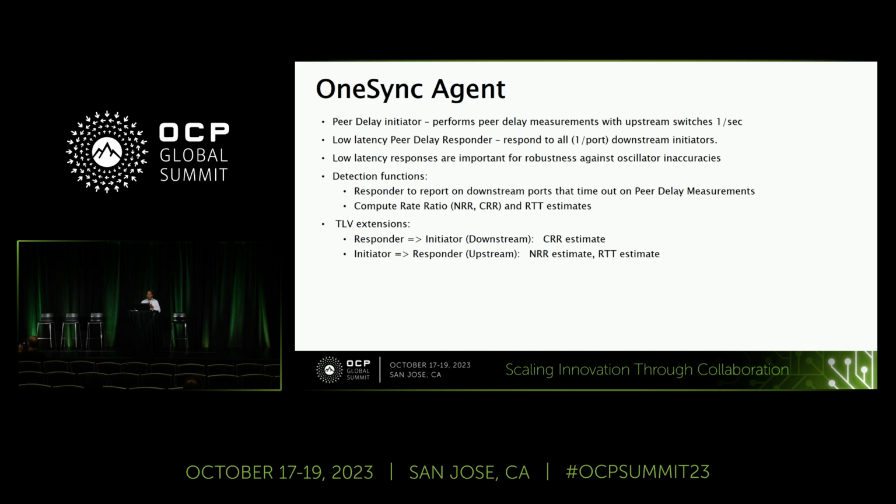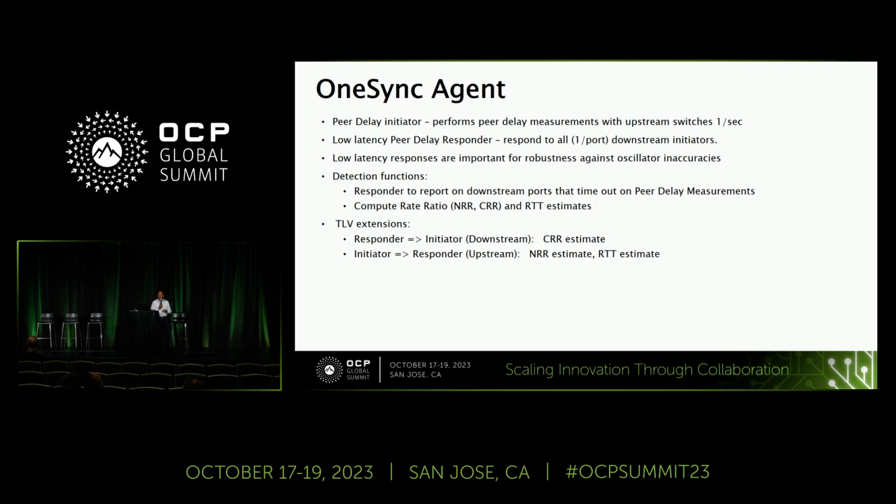So the idea has two components. There is a sync agent that basically runs within the switch, not in the host CPU, not in the network operating system, but within the silicon, and it has two actions. One is the P delay initiation, and the other is the P delay responder.